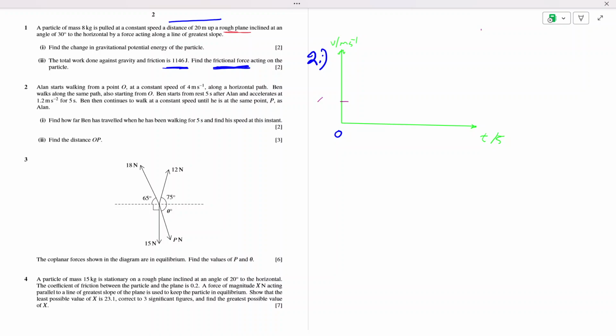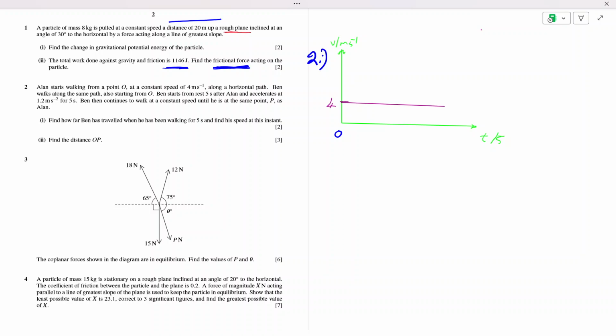And then it says that he walks at a constant speed, so it's going to be a straight line on the graph. Then it also tells us about Ben.